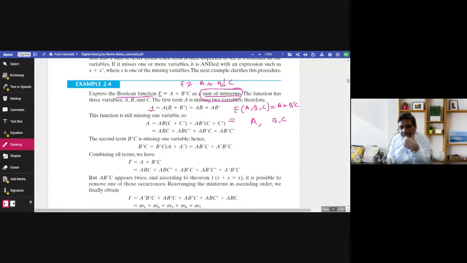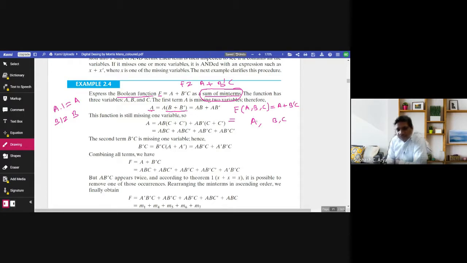If a is multiplied by 1, it will be the same function, isn't it? Anything you multiply by 1, you will get the same thing. And this is the logic here. So a is multiplied by 1, but what should be expressed in terms of the missing variable?